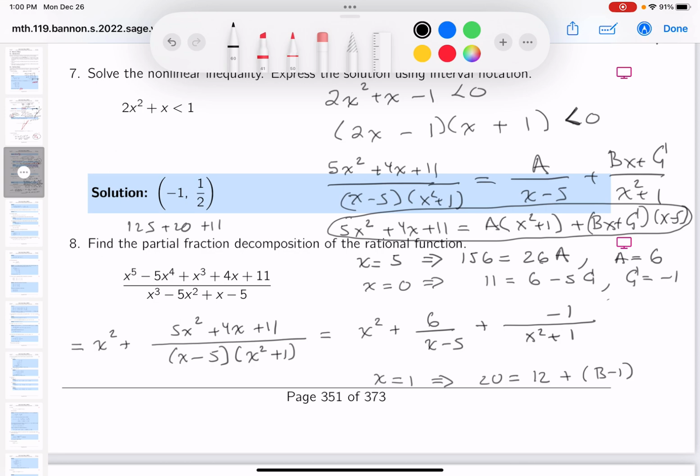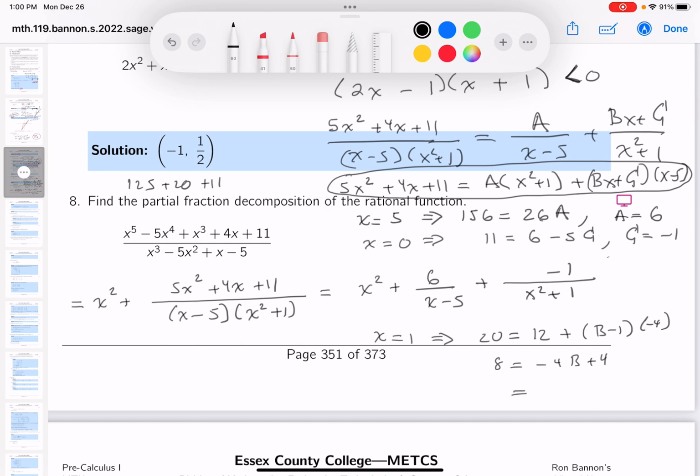And then what? If I chose 1, I'd get minus 4 here. Well, what do you get over here? 8. I'm taking 12 from both sides. You would get minus 4B plus 4. I'm going to subtract 4 from both sides. I would get 4 minus 4B. And now I know B to be minus 1.